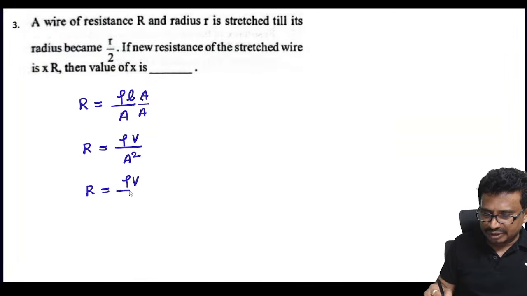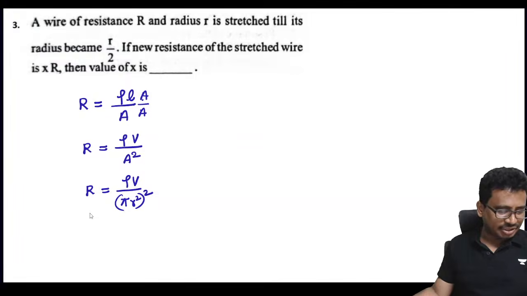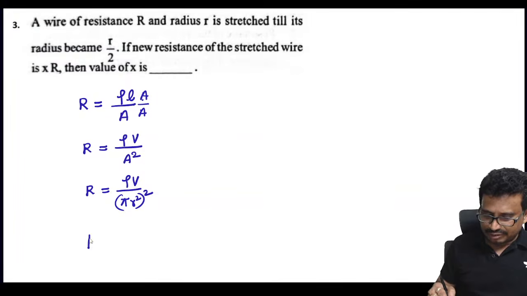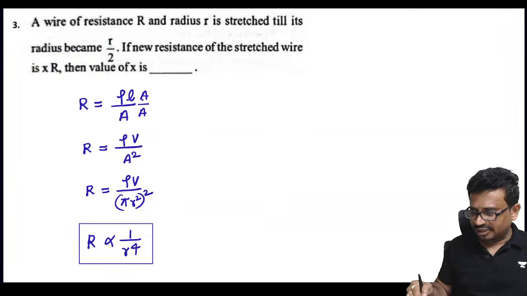Volume remains constant and A is pi r square, whole square. Rho is a constant, V is also constant. So the resistance is proportional to 1 by r power 4, where small r is the radius.